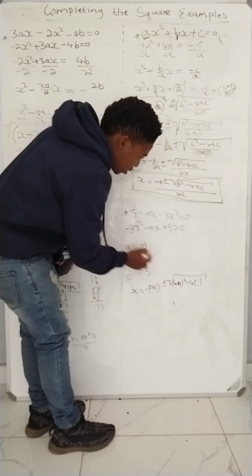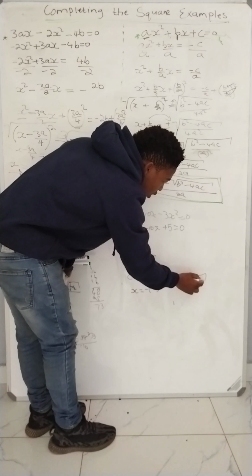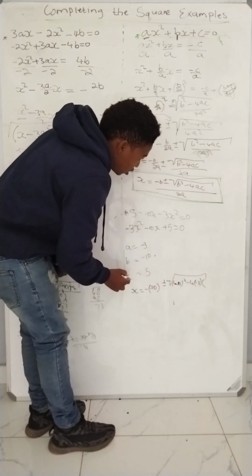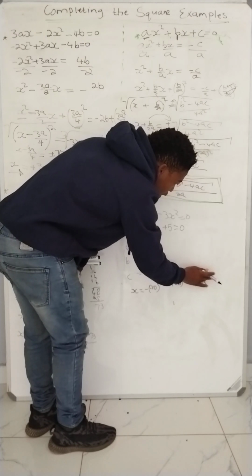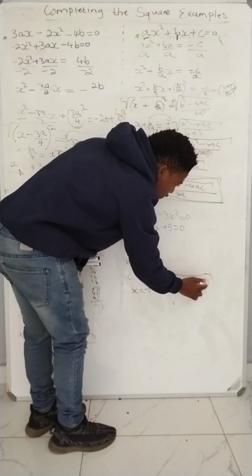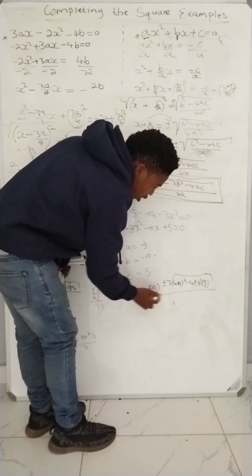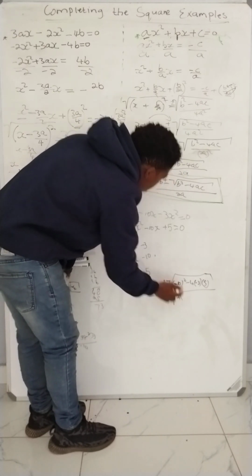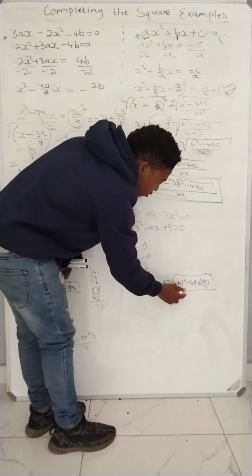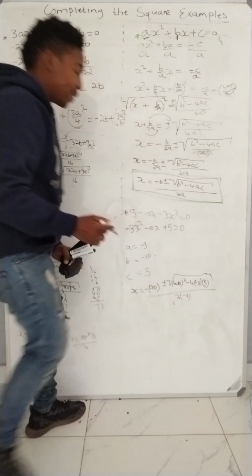Our a is minus 3, and then our c is positive 5, all over 2 into a, which is minus 3, like that.